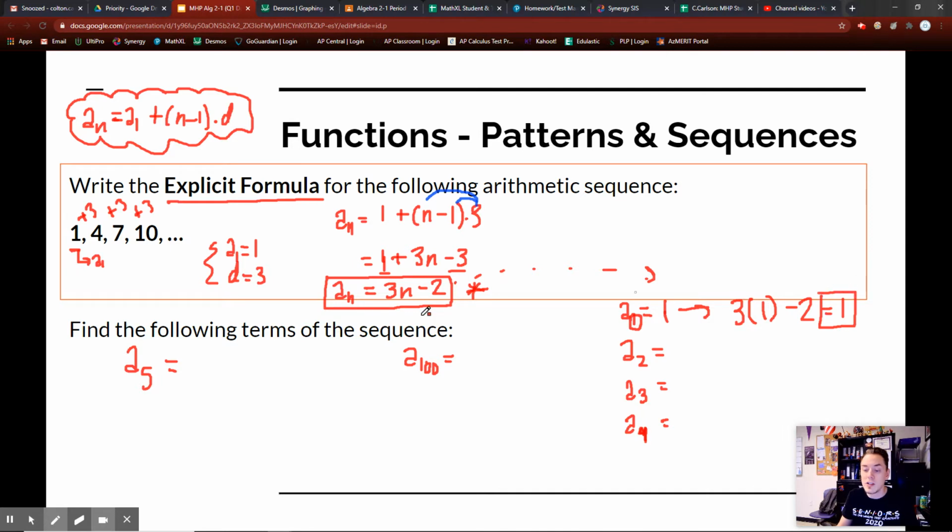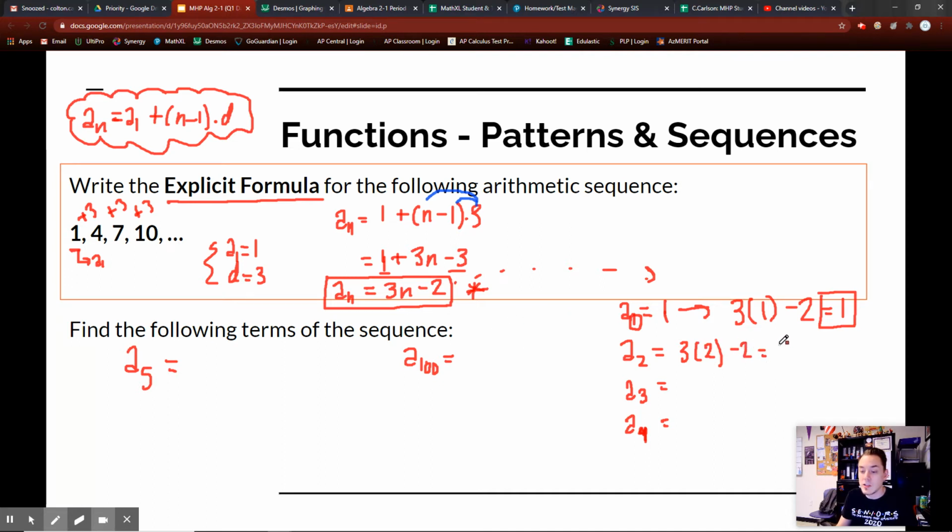Now, couldn't we just look at our sequence here and just say, yo, Mr. Carlson, you joking? It's 1. Yeah, you could. But what if you don't have a sequence? That's the problem. Okay, so now let's go to 2. Now, obviously, we know it's 4, right? That's okay. All right, but let's just go for it. I'm plugging in 2 for n, and then minus 2. What is this?